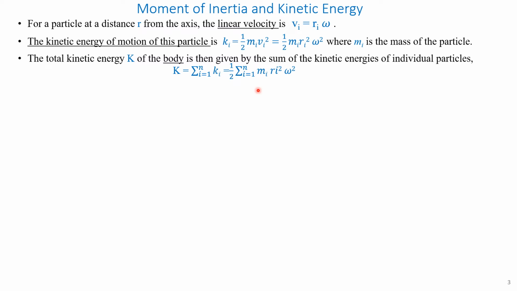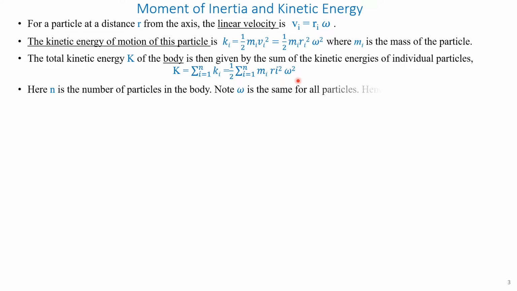Using the relation kinetic energy is half m v square, and v is r omega, we have substituted the value of velocity in this relationship. Here n is the number of particles in the body.